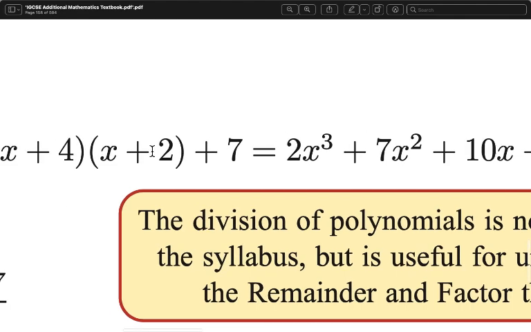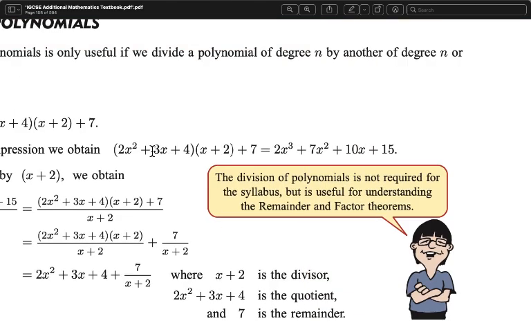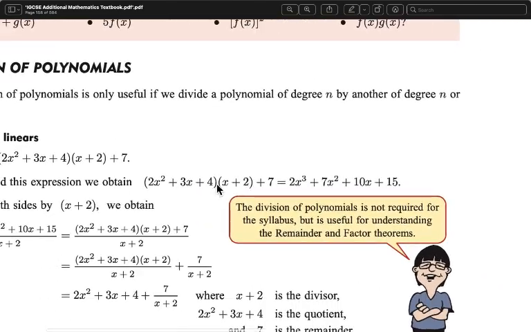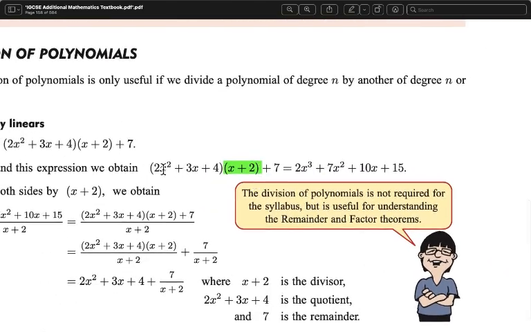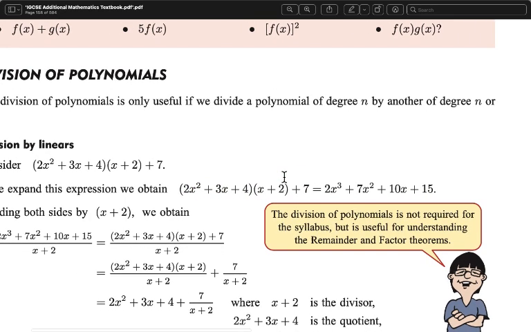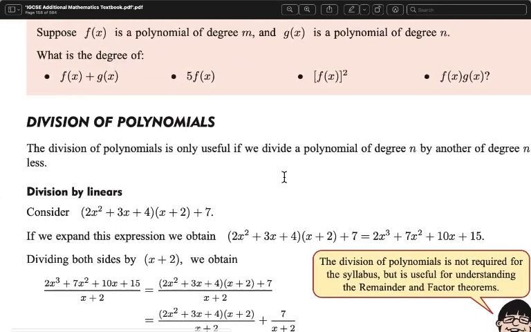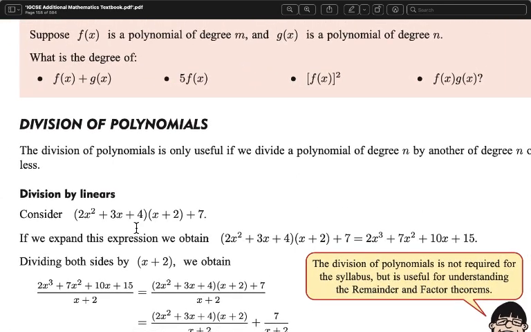After division, it should look like this: there is going to be a divisor, there's going to be the obtained quotient, and there's going to be a single remainder. And now let's look at the process.